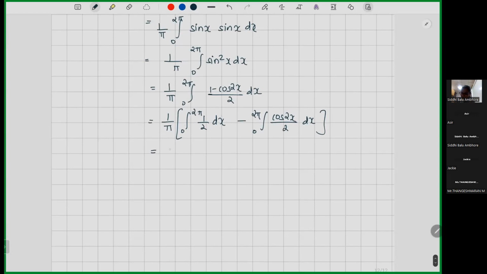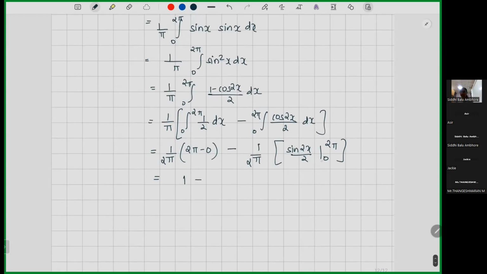And this here will be 1 by pi into, this will be 1 by pi, 2 into 2 pi minus 0, minus 1 by pi into, here it will be cos 2x, which is sine 2x by 2 from 0 to 2 pi, and here it is 1.